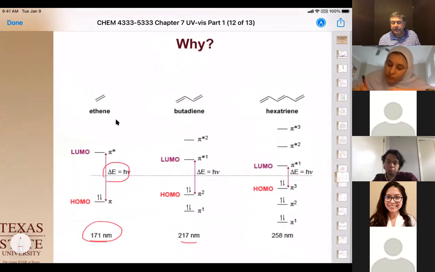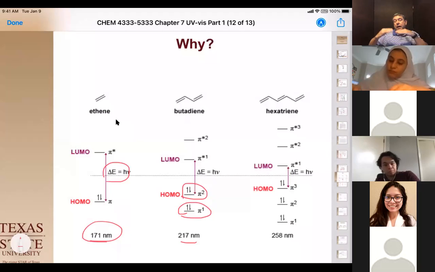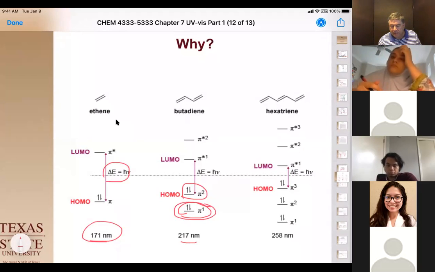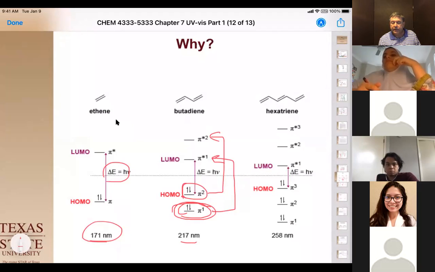So just by adding that second one, we now have two pi's that are not at equal energy. They're actually both at different energy levels, and therefore the gap between the pi star, notice the gap between this pi and that pi is the same, and this pi and that pi is the same. But we can go from the higher pi orbital to the lower pi orbital, and it decreases the gap necessary.